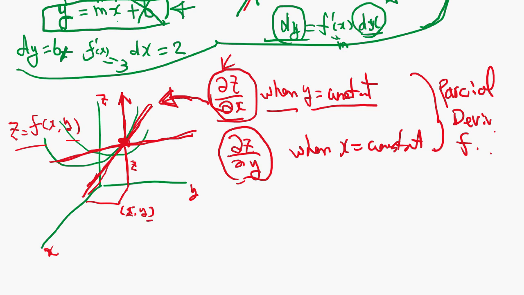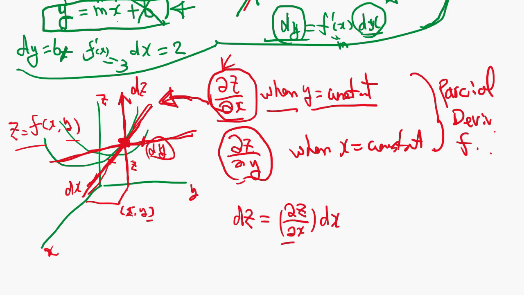So what's happened? We can define a new variable dz. And what is dz? dz is going to be, you take this quantity, dz is going to be dz/dx times dx.